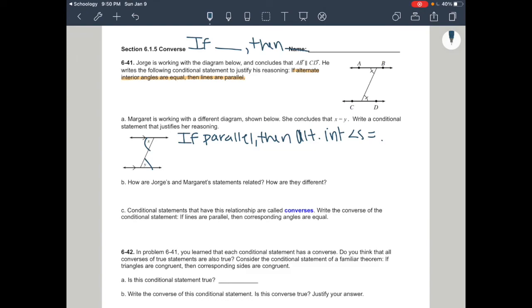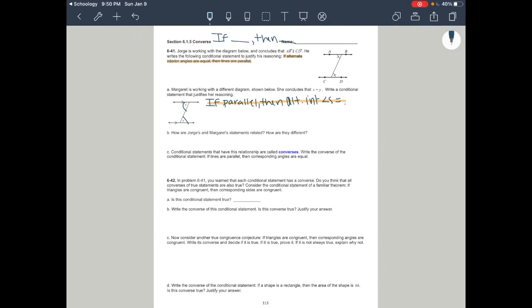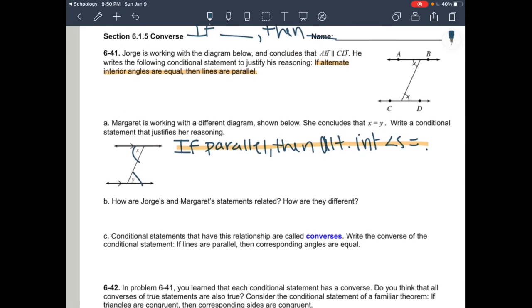So then part B, it says, how are George's and Margaret's statements related? How are they different? There could have been different ways you wrote these sentences, but still kind of getting at the same point of talking about parallel lines and also alternate interiors.